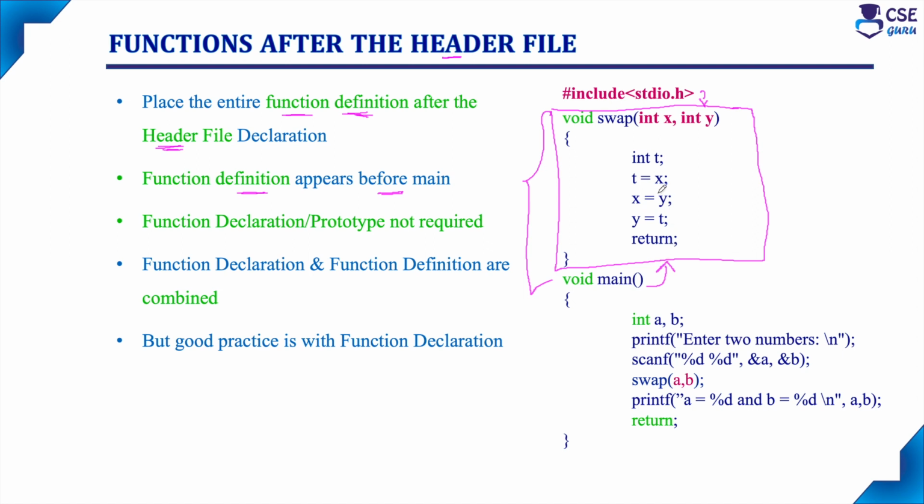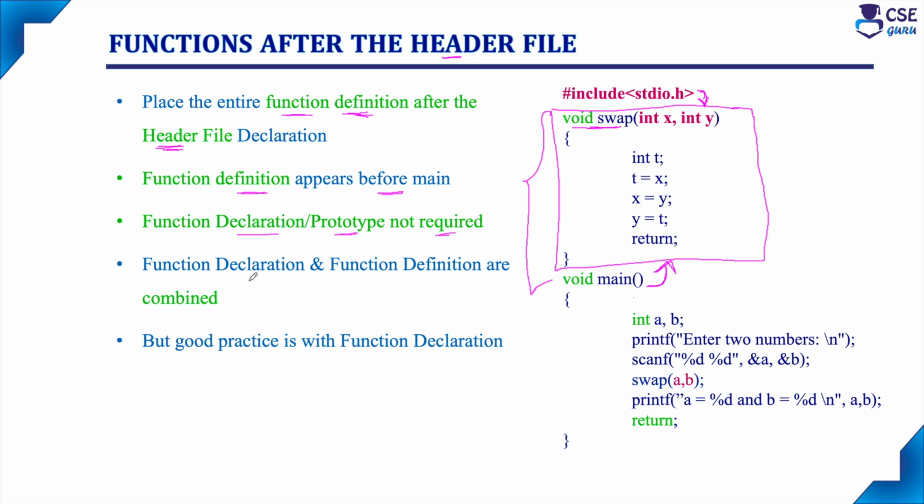The complete function definition is placed in between the header file section and the main function. The function declaration or function prototype is not required. So here the first statement itself will be considered as the declaration.